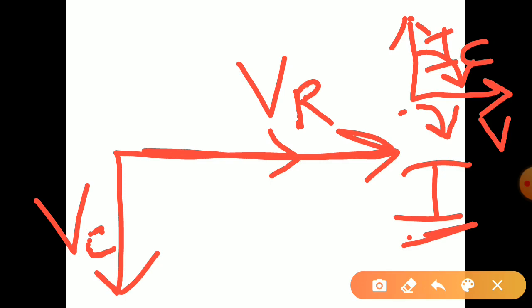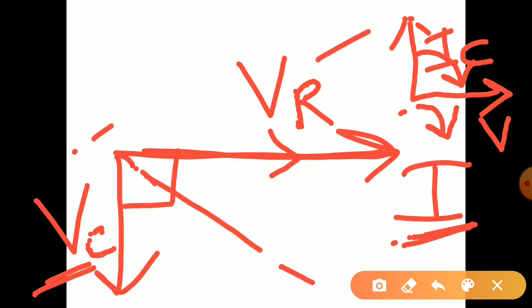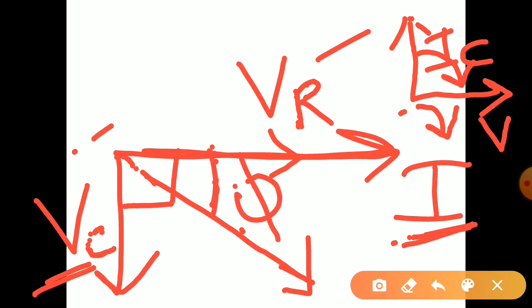That is, current I of the circuit flowing through VC will be leading by an angle of 90 degree. If we draw a vector sum of VR and VC, then we will have voltage somewhere in between VR and VC, and the angle of the obtained vector sum will be phi.